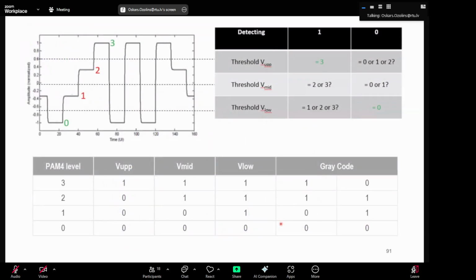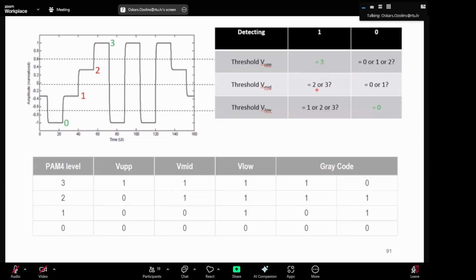Then if we talk a little bit about the detection, you need to set up these 3 thresholds: the threshold on the highest eye, on the middle eye, and on the lower eye. Then you assign what the level is, and you can get back to the gray code again, depending on the threshold, and there are some decisions you need to make.